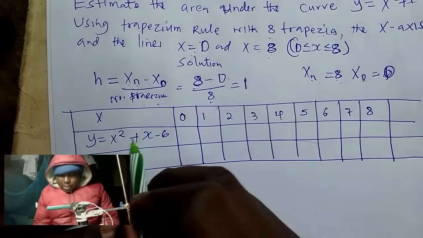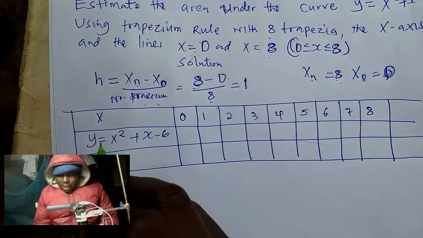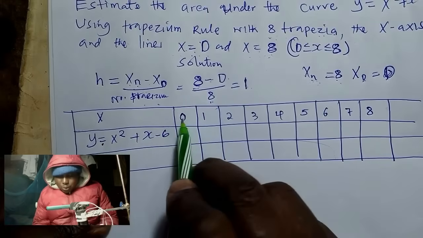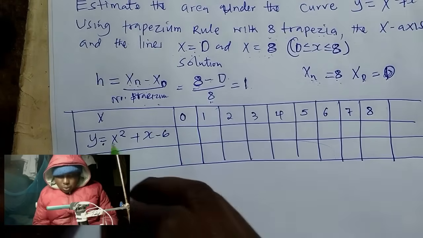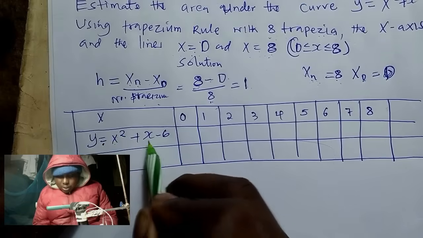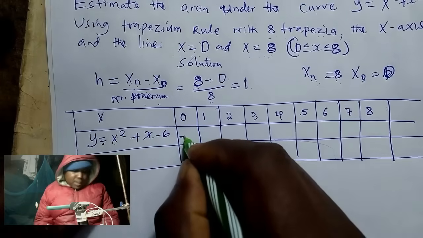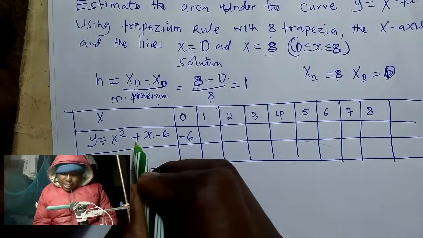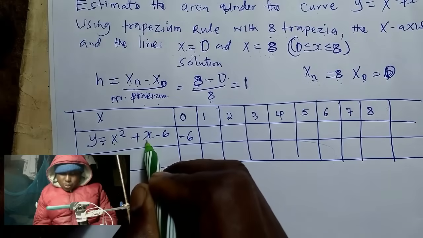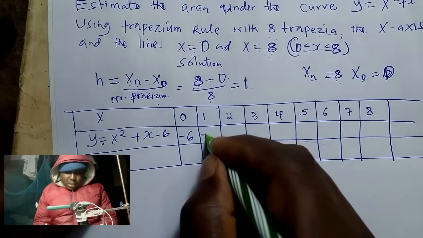Now we need to get the values of y. How do you get the value of y? You substitute these x numbers wherever you see x in the equation for y. So here we put 0, and the answer is going to be negative 6. You put 1 here: 1 square plus 1, that is 2, minus 6, it is going to be negative 4.